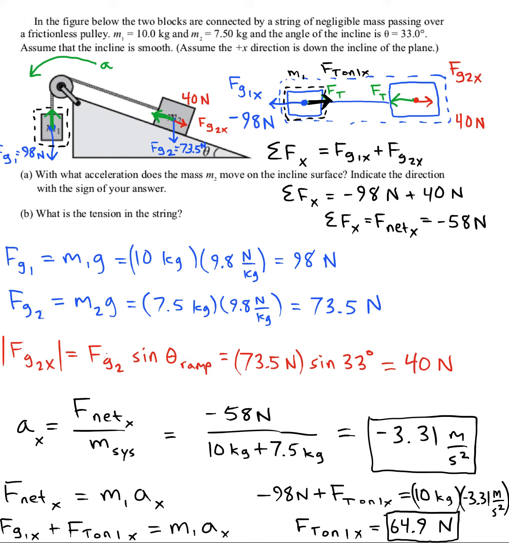Now it's important that this is consistent, and if we were to analyze the other block, we would get the same answer. So let's just do that real quick, just to make sure that it all tells the same story and everything adds up. Okay, so I'm going to pick now M2 as my system.